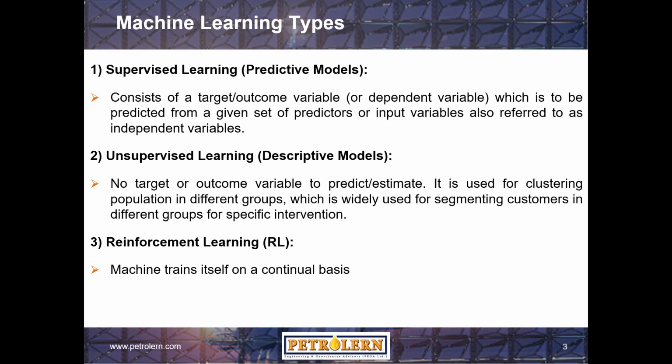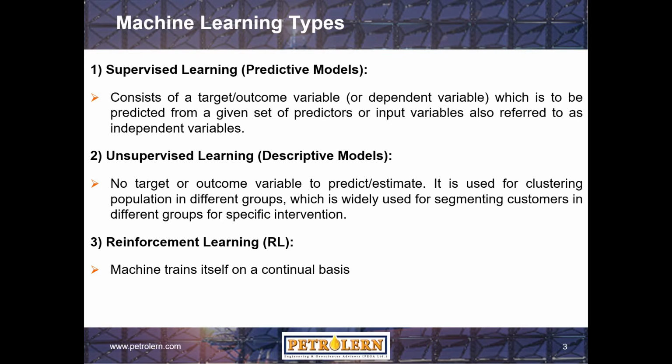Now, when people say unsupervised, they're referring to that there is no target or output variable to predict or estimate. In supervised learning, you're training a model based on your inputs and your outputs. But in unsupervised, you have no target class. So you have, let's just say, a set of data, and you just want to cluster your data.